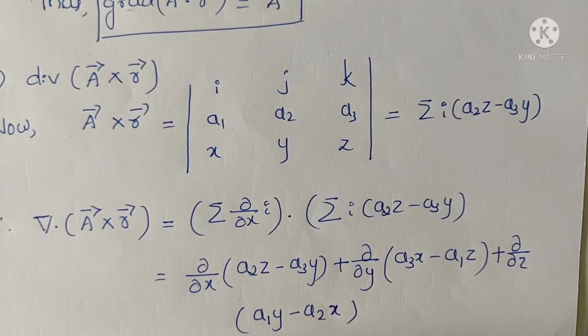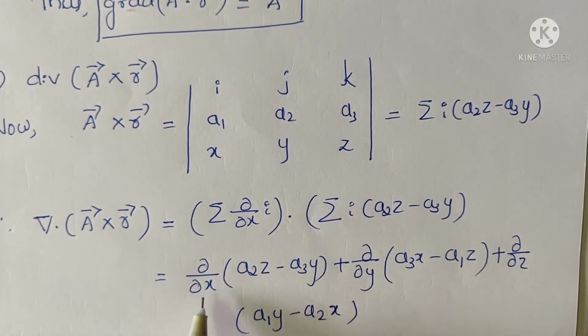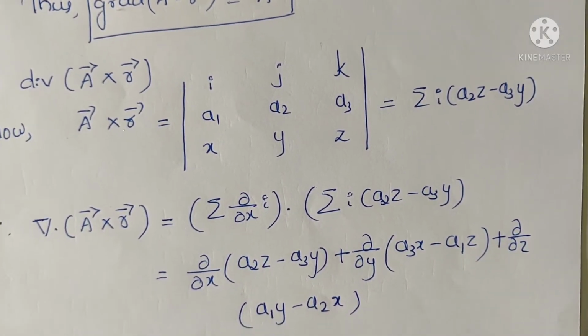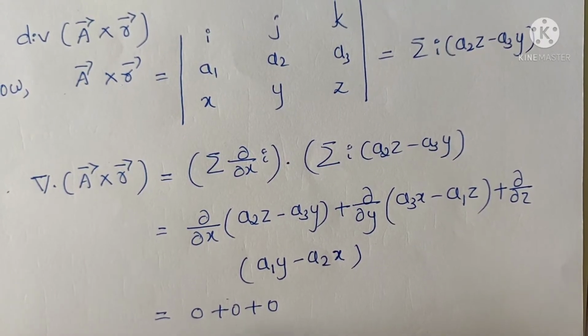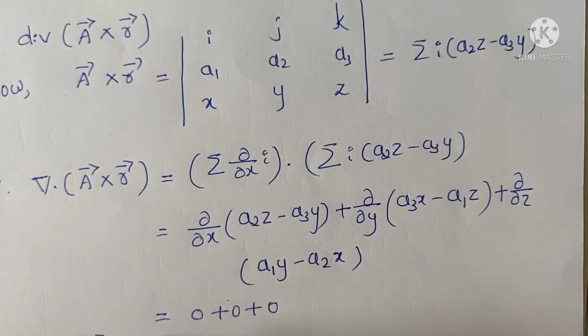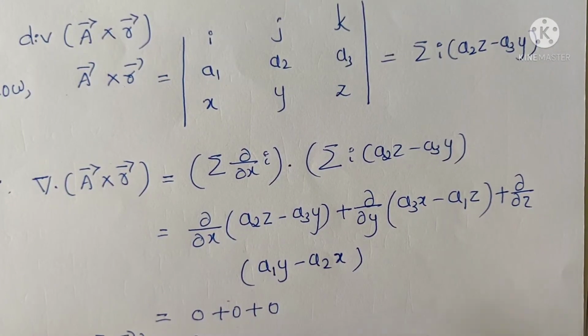So now just observe here, you have to differentiate partial with respect to x, here with respect to y, here with respect to z. Since we don't have respective terms there to differentiate partially, so it is 0. Therefore del dot vector a cross vector r is equal to 0.